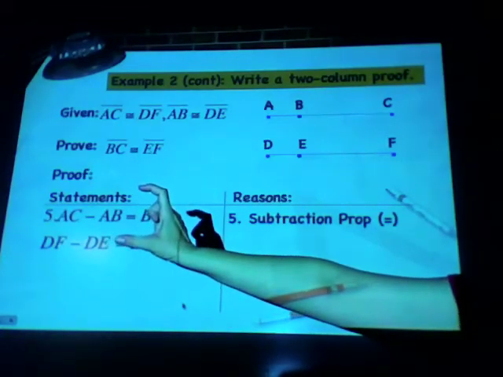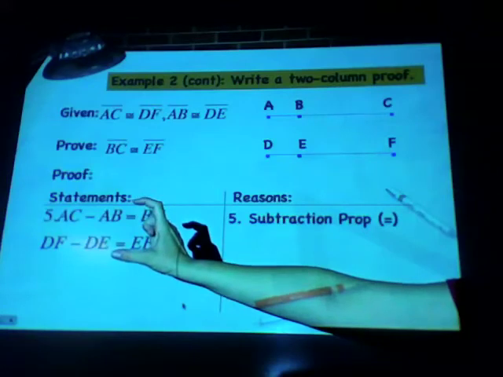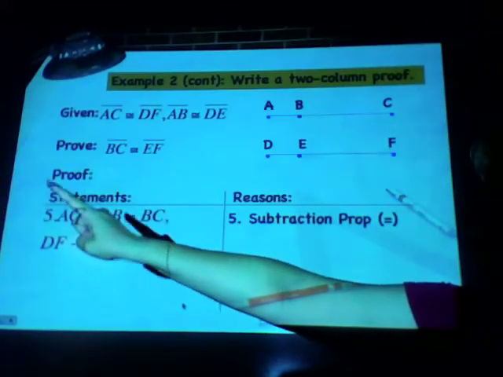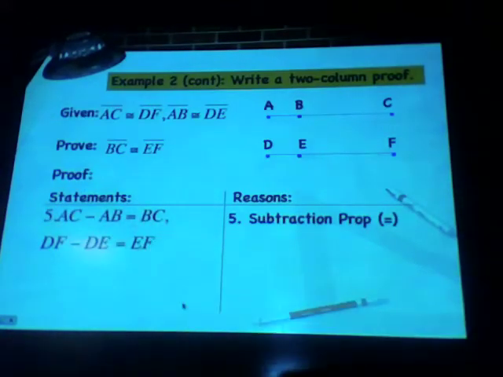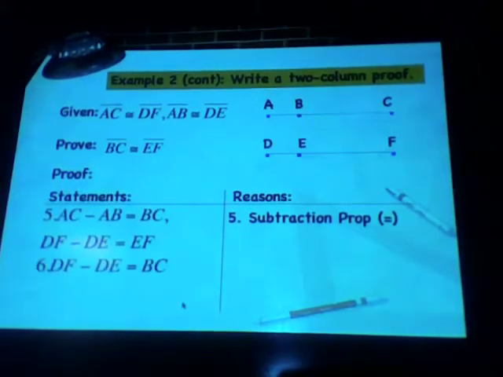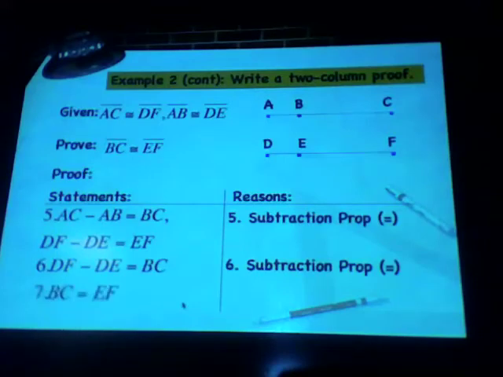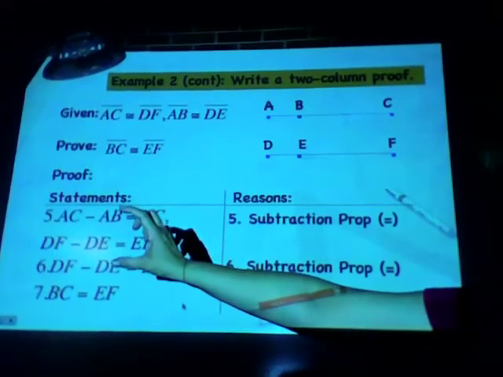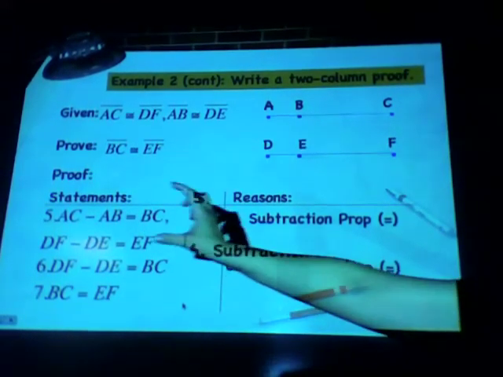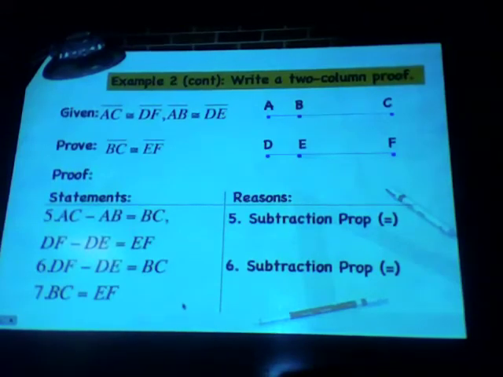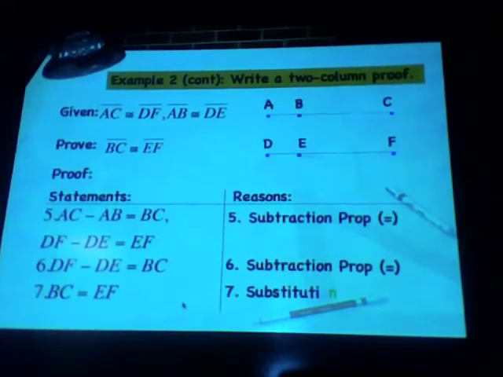Don't we have BC and EF now? And if these are congruent, what do you know about those? Oops, sorry, I forgot they did this. There's the other subtraction one. Then they went to saying that these are congruent. Or, sorry, these are congruent. Why? Substitution. And we did that as well, right?